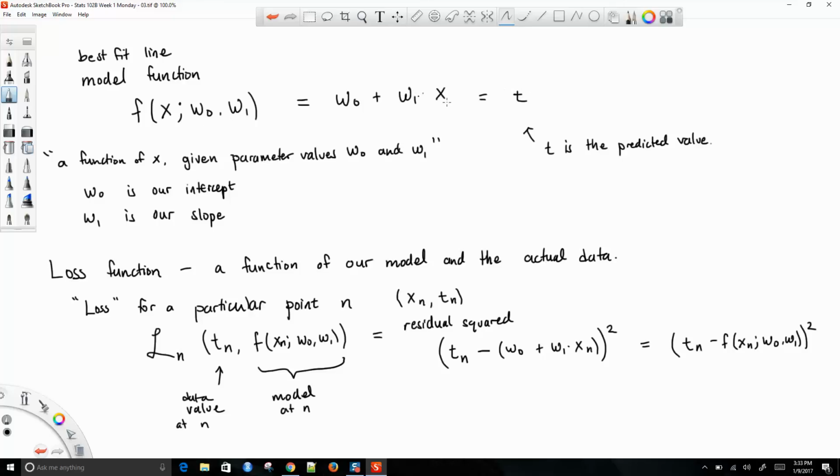In our model, we're trying to say that this is what our data is coming from. Here t sub n would be the actual data value, and maybe I'll put a little hat here to indicate that this is our predictions. Okay, I understand. Maybe we don't want to get too sloppy with the notation here.